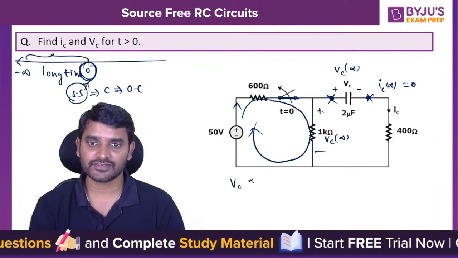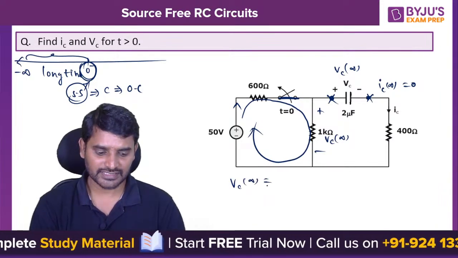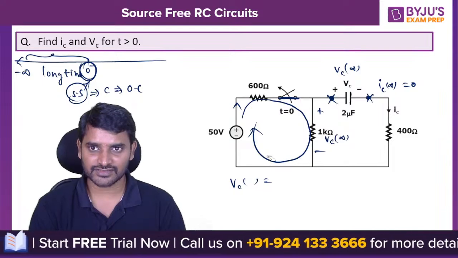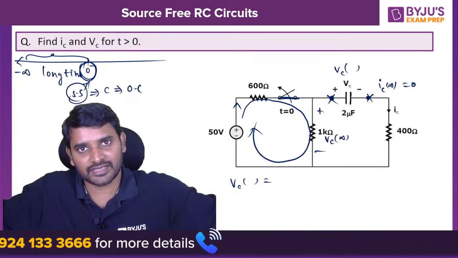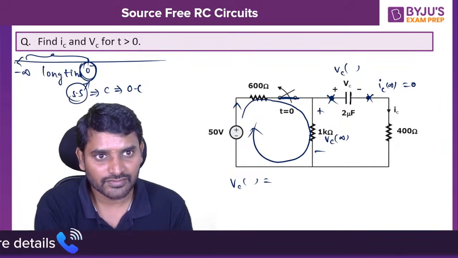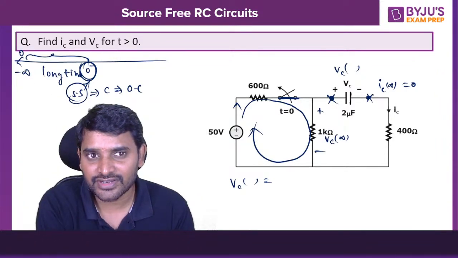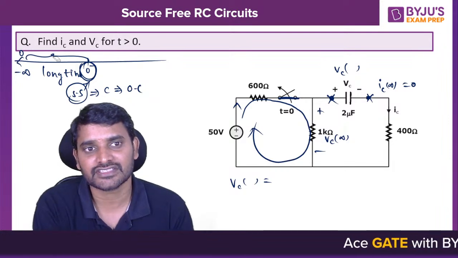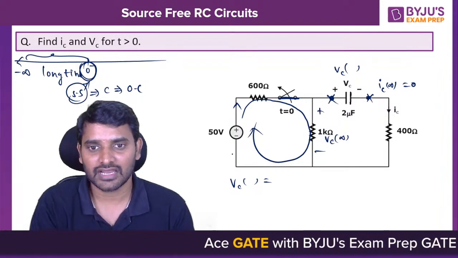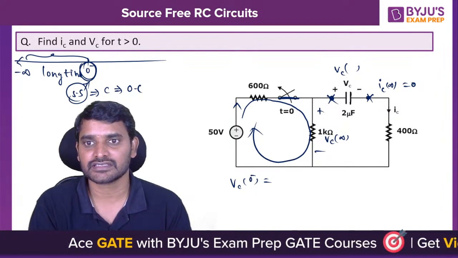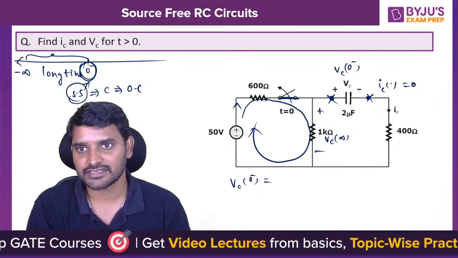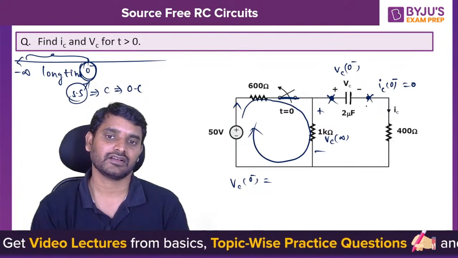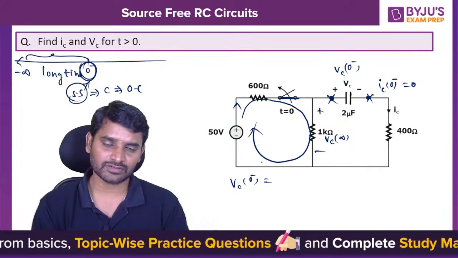From minus infinity to 0 minus is a long time, so if you assume 0 is the switching instant, this will become the infinity instant. So let me write here VC of 0 minus, and this is IC of 0 minus. Use the voltage division rule and you can find out.